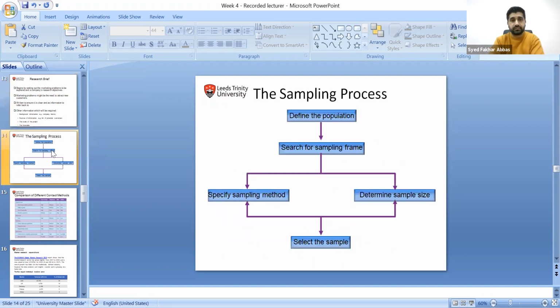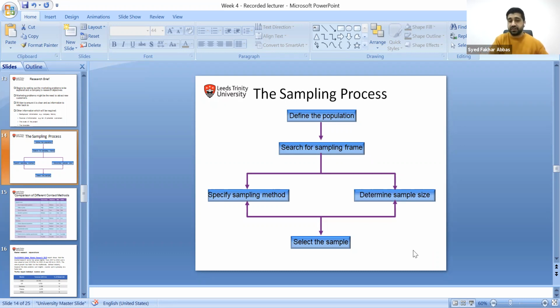The sampling process: how can we collect a sample? At first, we define the population, the radius from which we need to get a sample. Once that population has been defined, we look at the sample framework. What type of sample will we be collecting?